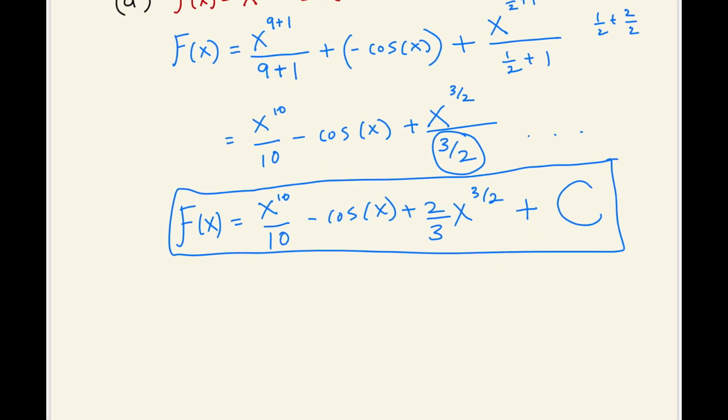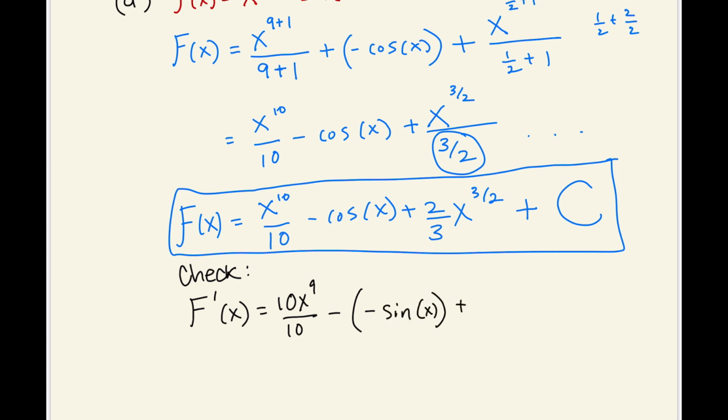And one thing you should always do is check your work just by taking the derivative. So if I check this, f prime of x is equal to 10x to the 9th over 10, minus the derivative of cosine, which is negative sine x, plus 2/3, that's my constant, times 3/2 x to the 3/2 minus 1, plus 0.